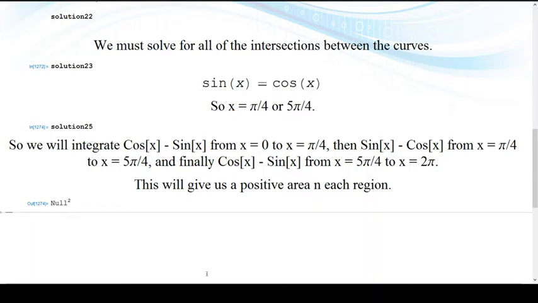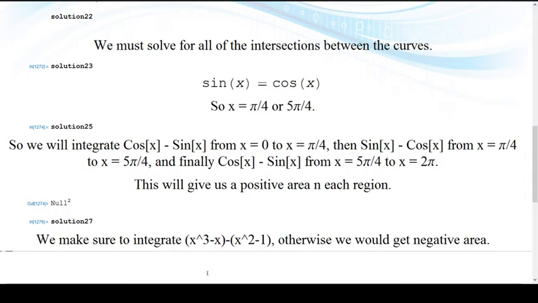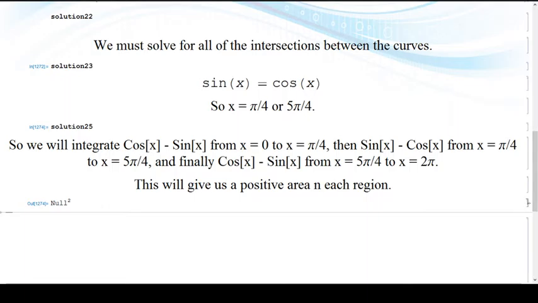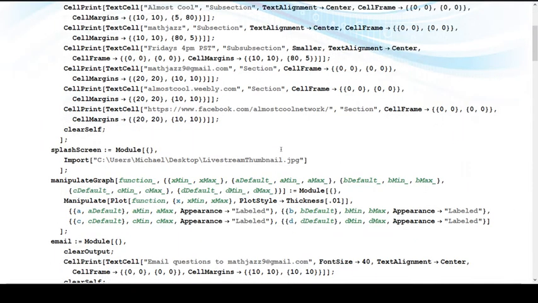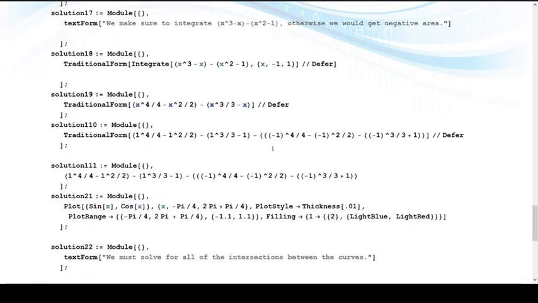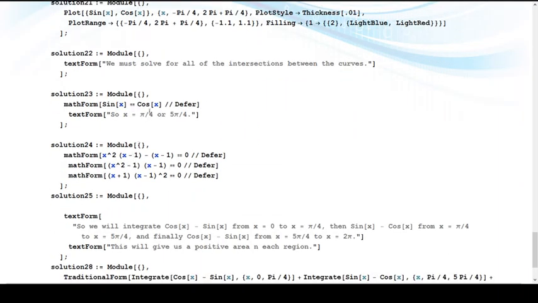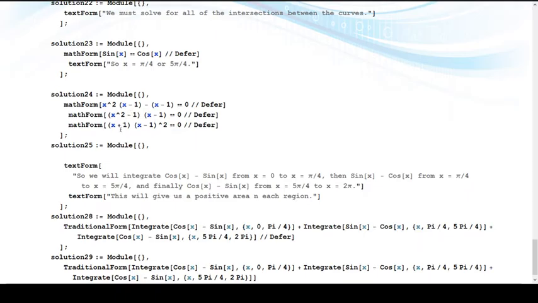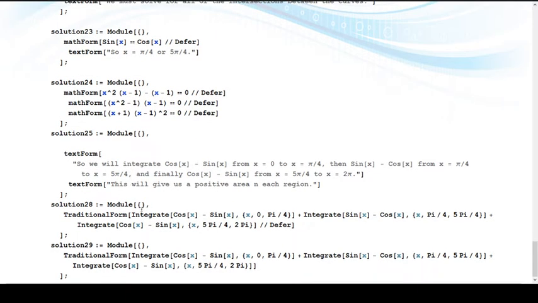Just delete that. Skip to 27. Oh, these slides aren't correct. Gotta check my slide for a second. Oh, this way.